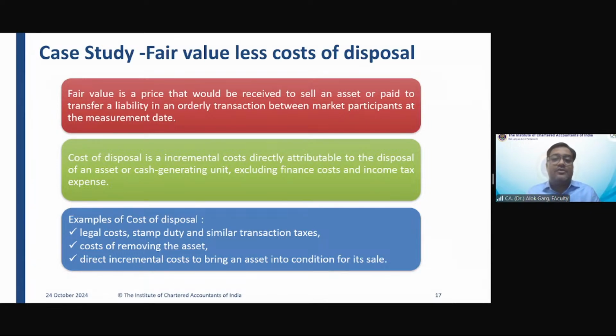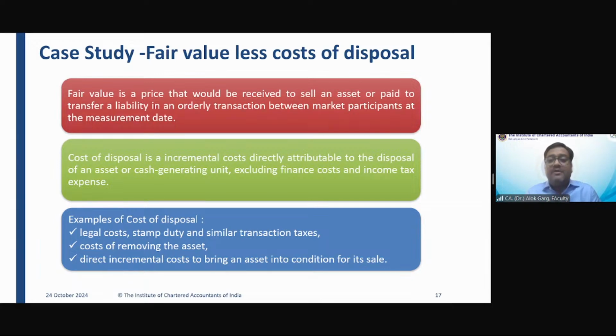And what is the cost of disposal? Important. Cost of disposal is incremental cost which is directly attributable to the disposal of an asset or cash generating unit, excluding finance cost and income tax expenses. Incremental cost directly attributable means that if this asset would not have been sold, this cost would not have been incurred. For example, valuation fee is not a cost of disposal.